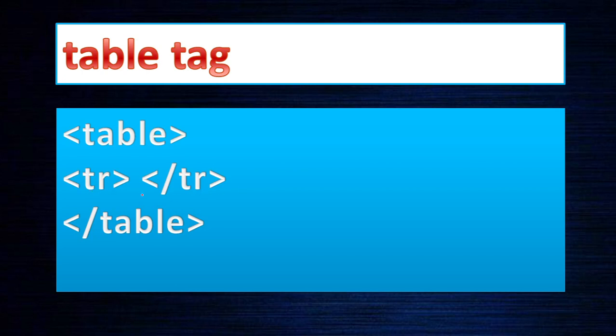First we make a row before the column. TR stands for table row. You start with the table row and then close it with /TR. First we have a table, then close the table. Inside the table we can have the row.